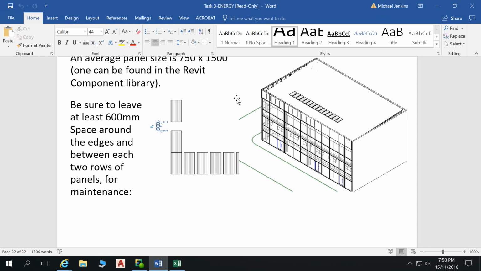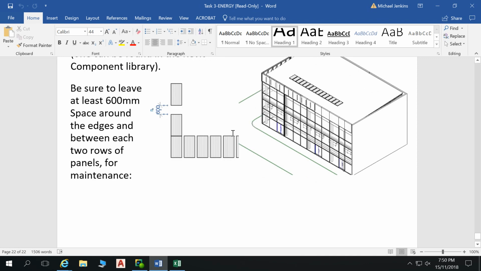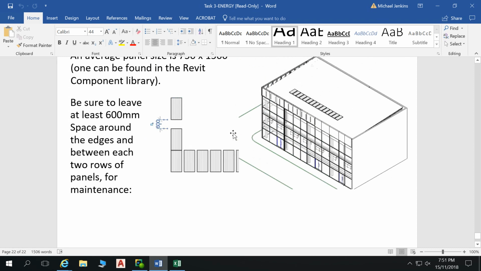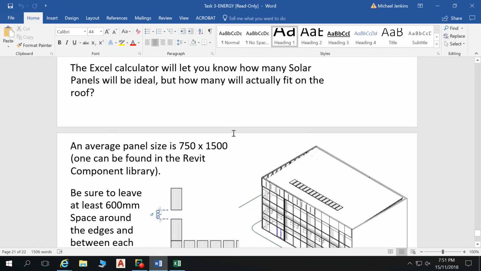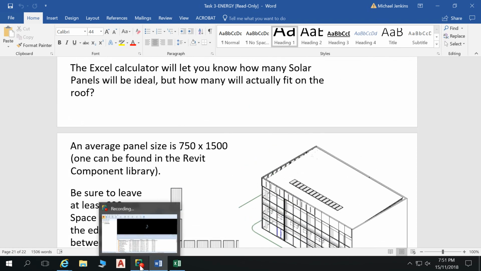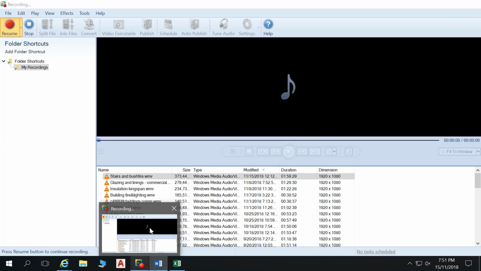So when you've got them paired like that, our banks will have 2 panels, or be 2 panels wide. Right, and that pretty much sums up all that's required for that final bit, that final report.